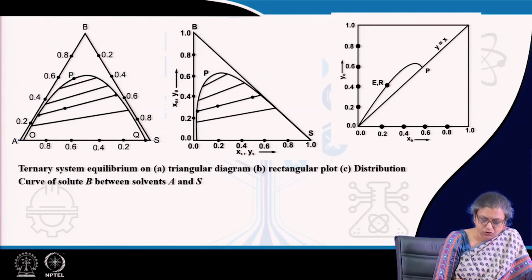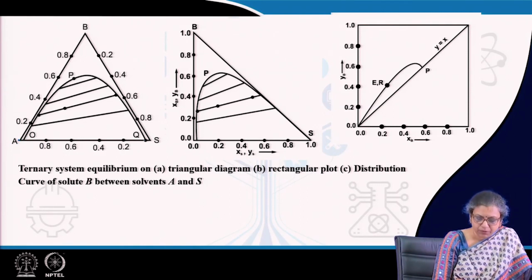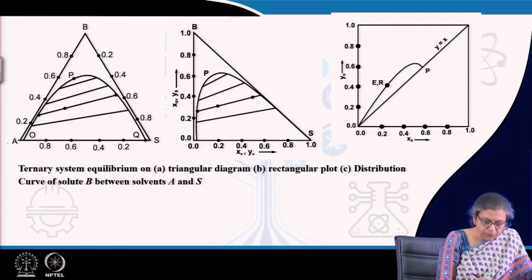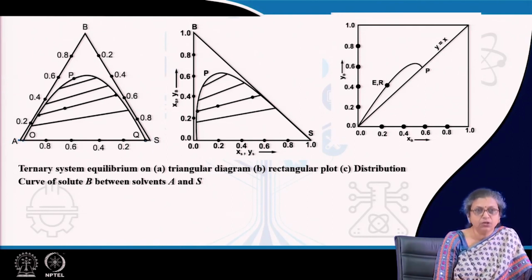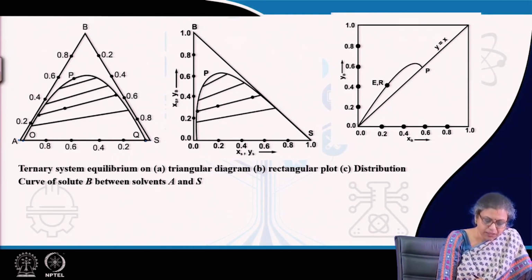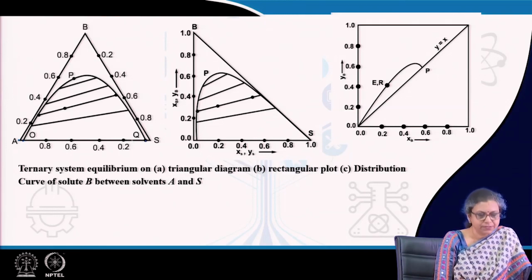Now, since the solubility of S in A is very less, we find that there is some particular equilibrium curve established between A and S. The more insoluble they are, the closer will be these points to the two particular apices, and if they are more soluble, then they will be more removed from the apices.